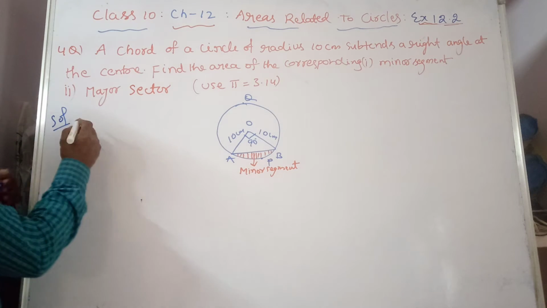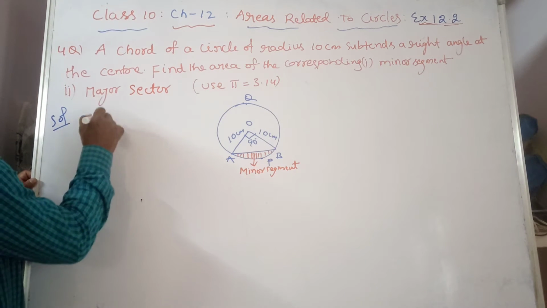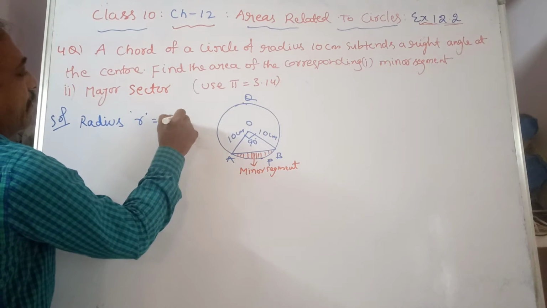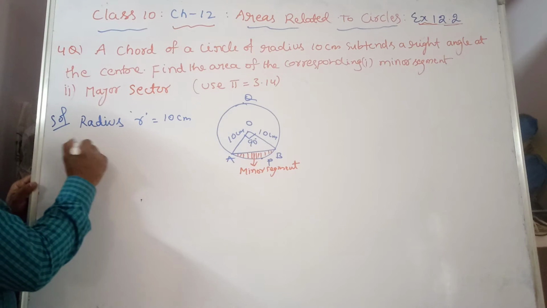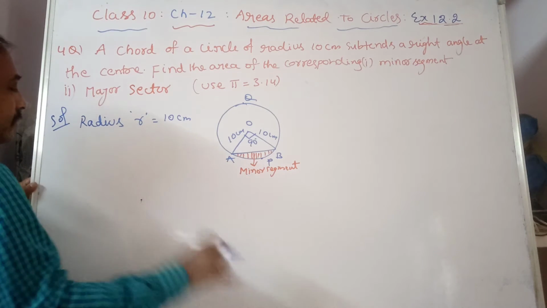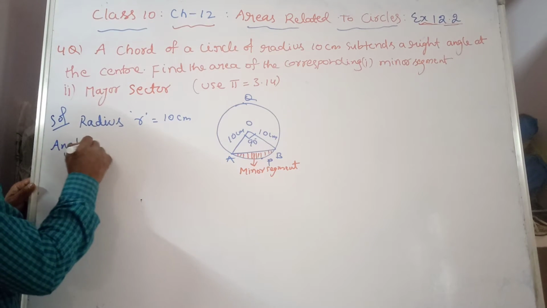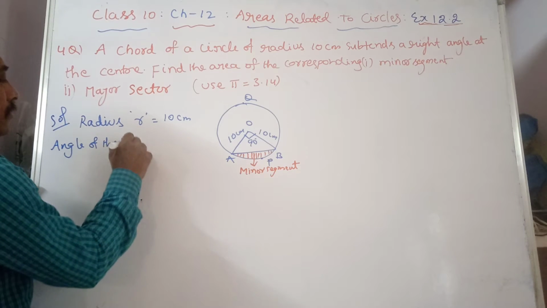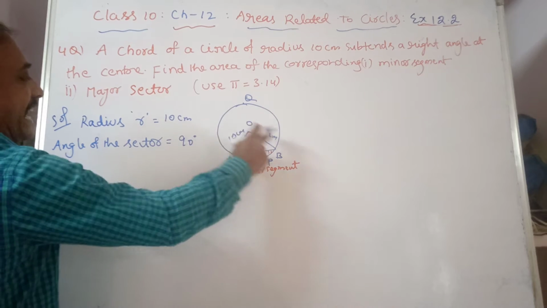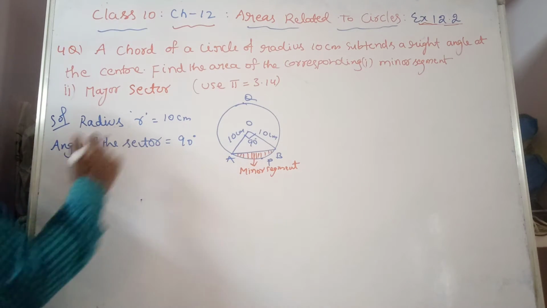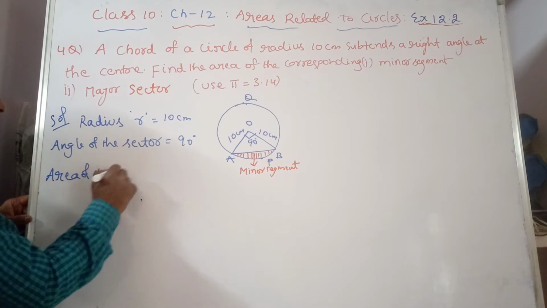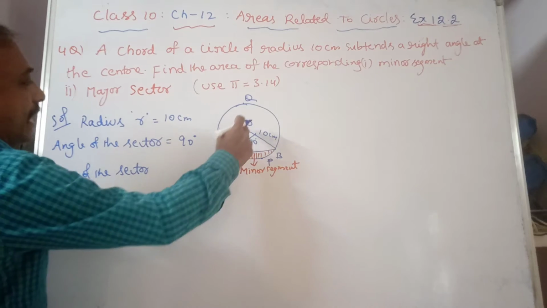Observe it. First, radius R is equal to 10 centimeter and the angle of the sector, angle AOB, is equal to 90 degrees. Now the area of the sector, which sector?